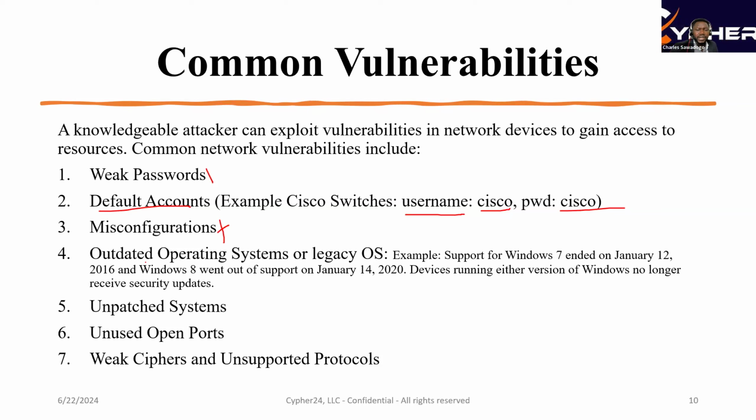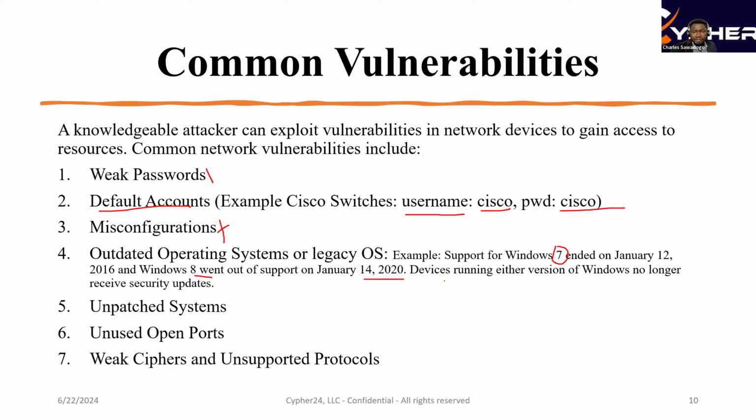Outdated operating systems or legacy operating systems. For example, Windows 7. I don't think anybody here is using Windows 7, right? Because the support ended in January 2020. So if you are using Windows 7 here, my friend, you are in a bad position, right? Windows 8 end of support was in 2023, meaning that Microsoft no longer releases patches for Windows 8.